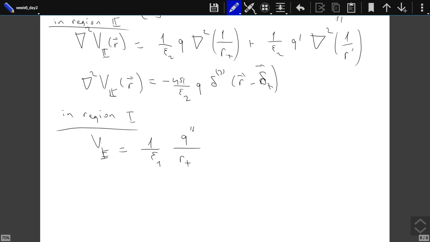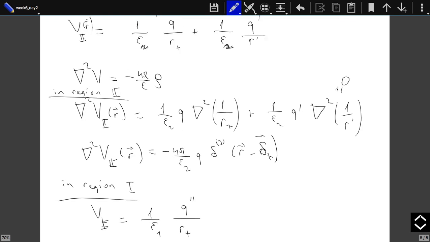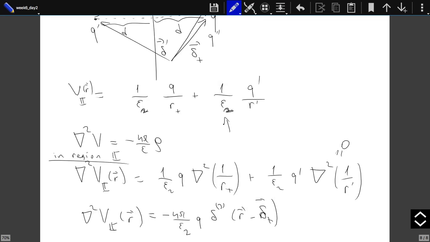And just take note, the potential in region 1 has this factor 1 over epsilon 1, independent of where the charges are. And the potential in region 2 has this factor 1 over epsilon 2, no matter where the charges are. So you see, in region 2, this V2 has epsilon 2 factor, not epsilon 1, although the image charge is in region 1.